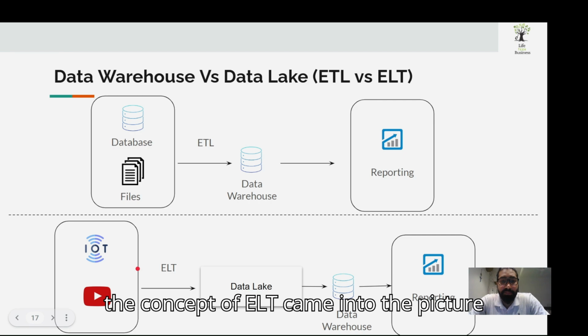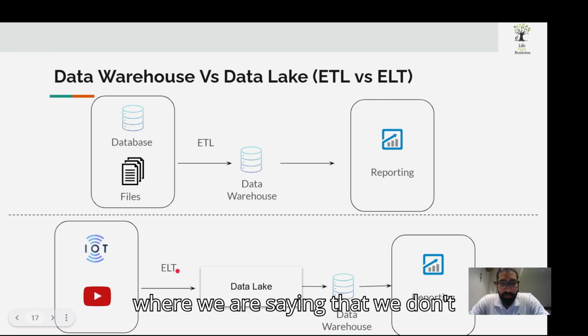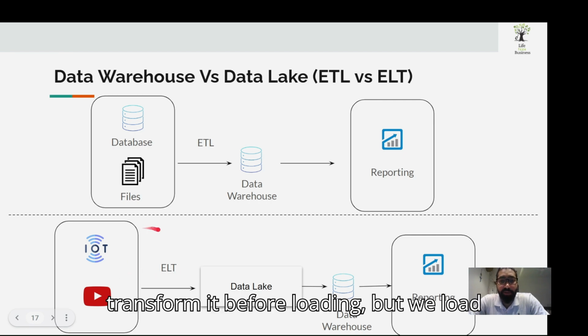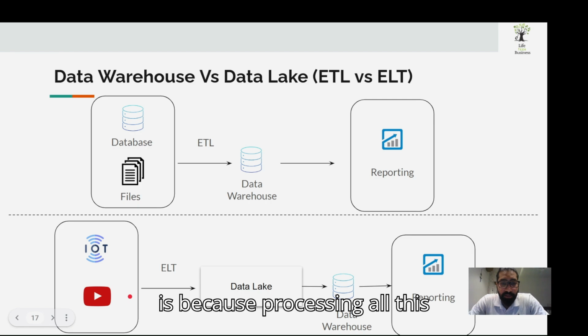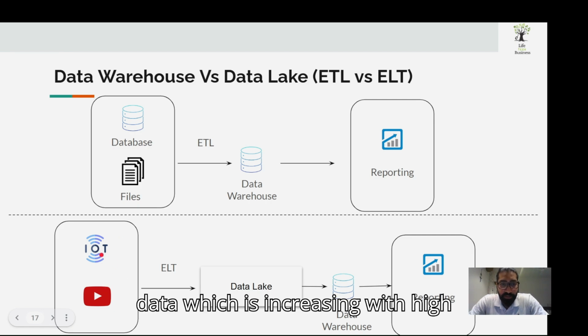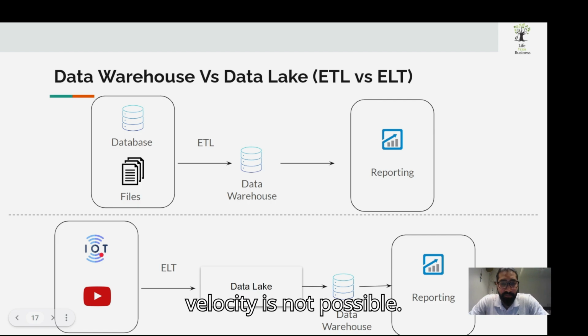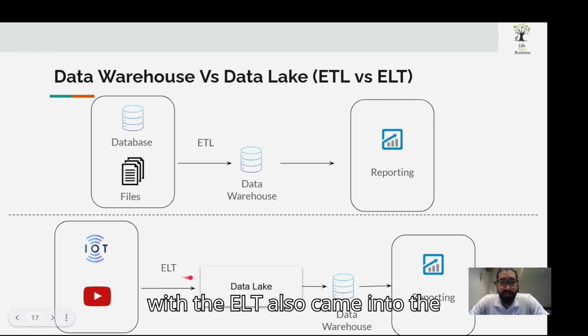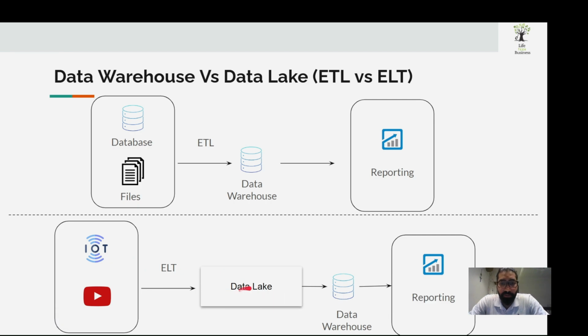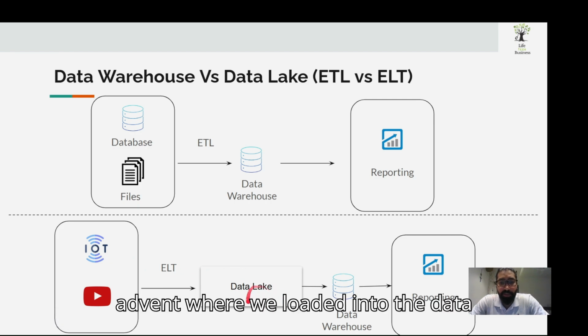Also the concept of ELT came into the picture, where we don't transform before loading, but load the data in raw form. The need is because processing all this data, which is increasing with high velocity, is not possible otherwise. That's why the data lake comes into the picture, where ELT also came into advent, and we load it into the data lake.